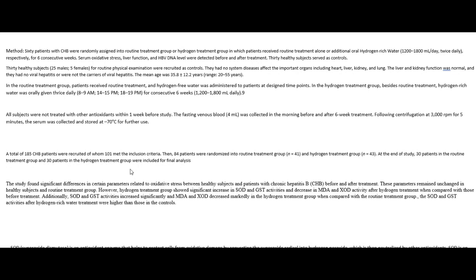No, but I think they're capable of drinking water. The control group can drink water, right? But the one being treated with the hydrogen water has to drink the hydrogen-rich water 3 times a day for like 6 weeks.